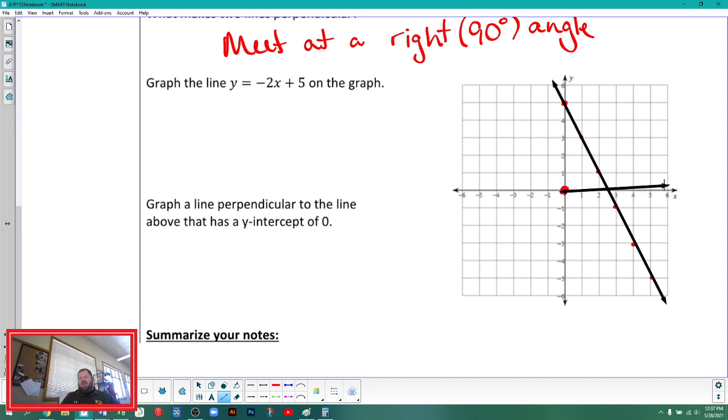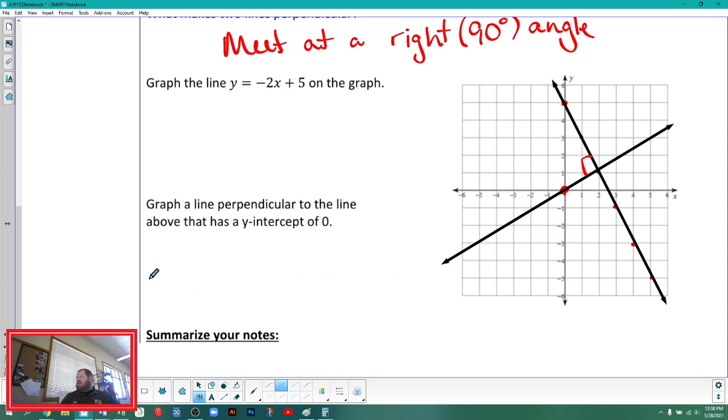This one isn't 90 degrees. It kind of takes going right through there. And so today is almost like an exploration more than anything, to try to graph a line somewhat informally that meets it at a right angle. And for today, I'm okay if we just say that they intersect at a right angle.